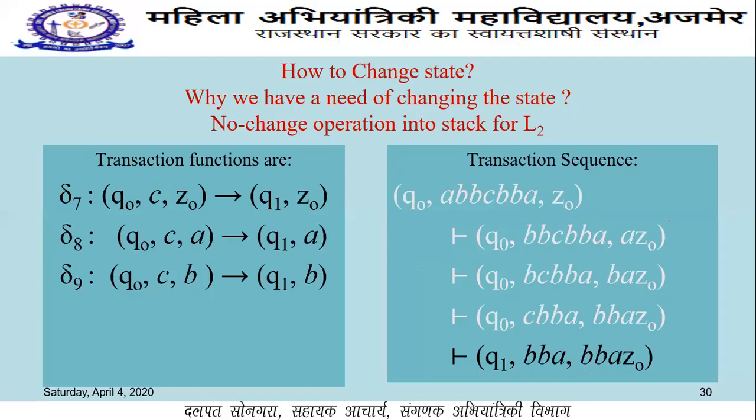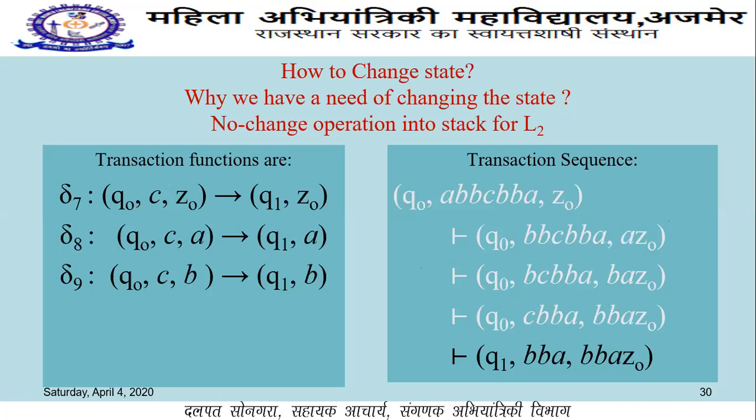Before this, I want to clear one thing: why we have written delta 7 and delta 8. Because we have to construct a universal pushdown automata. For this input string, delta 7 and delta 8 are not in use, but for any other input string, they may be used.